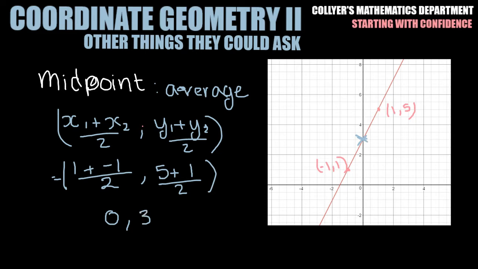So 0, 3 is my midpoint, and we can see that on our function here. So x is 0, y is 3, and 0, 3 is indeed the midpoint of that pair of points.